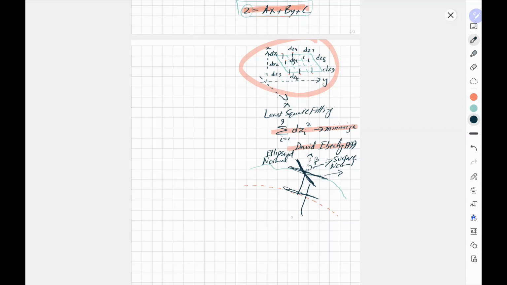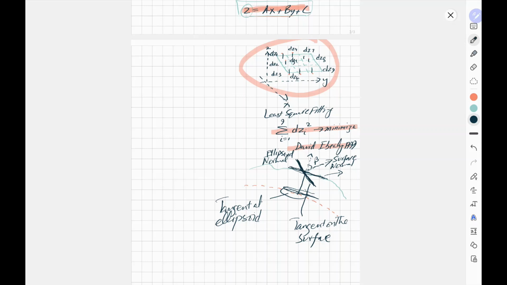This is the tangent on the surface, while this one is the tangent at the ellipsoid.